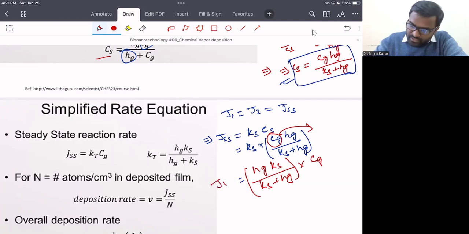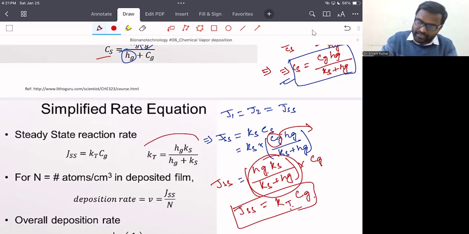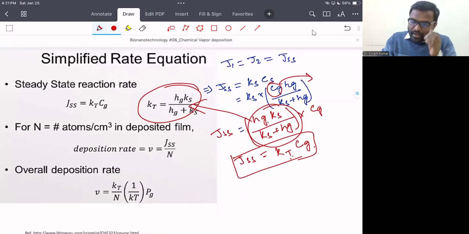So here Css and Jss we can write this term as KT, and we have the Cg. So overall the flux at the steady state is equal to the KT and the Cg, where KT is this term, right? So this is about the flux of the reactant molecule on the surface.